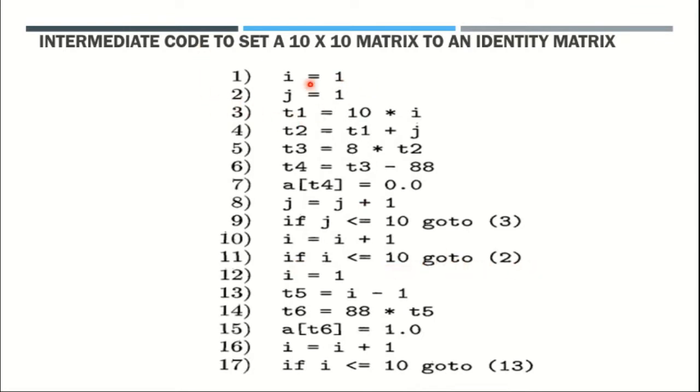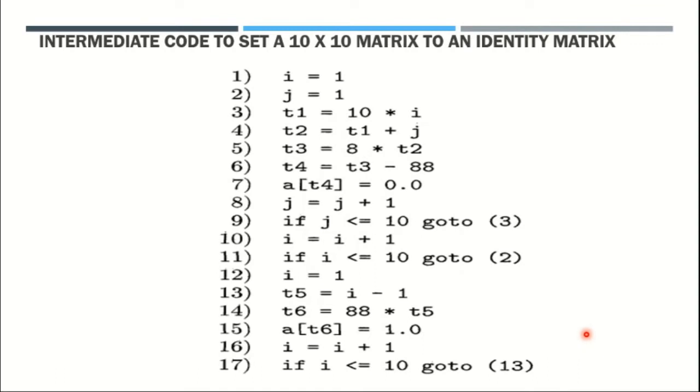So the second instruction is also a leader. And from the 17th line, if i less than or equal to 10, then go to the 13th line. So the 13th instruction is also a leader. So from rule 1, the first instruction is a leader. From rule 2, the second, third and 13th instructions are leaders.